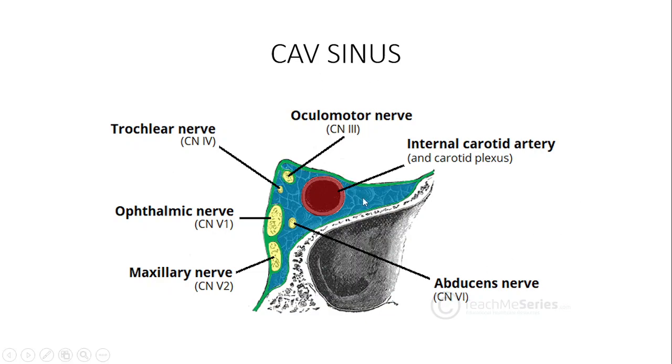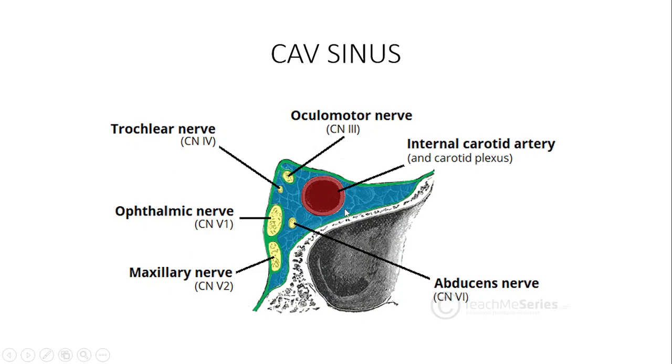So another difference you should notice is when we talk about cavernous sinus syndrome. What is cavernous sinus syndrome? In cavernous sinus syndrome, the oculomotor nerve is affected, the trochlear nerve is affected, the ophthalmic division of the trigeminal is affected, the maxillary nerve, which is the second division of the trigeminal, is affected, oculosympathetics are affected, and the internal carotid artery may also be affected.